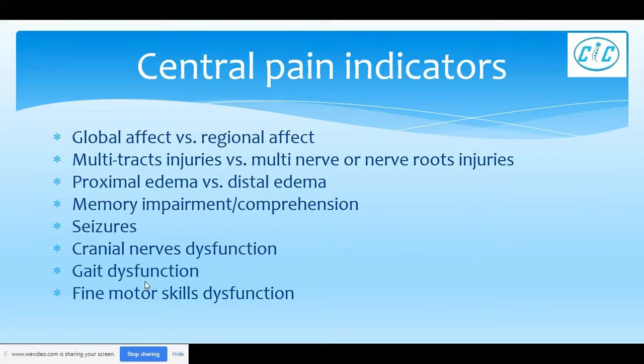And then it goes to the cortical level, which deals with fine motor skills, or also with sensation in more detail and more complex.